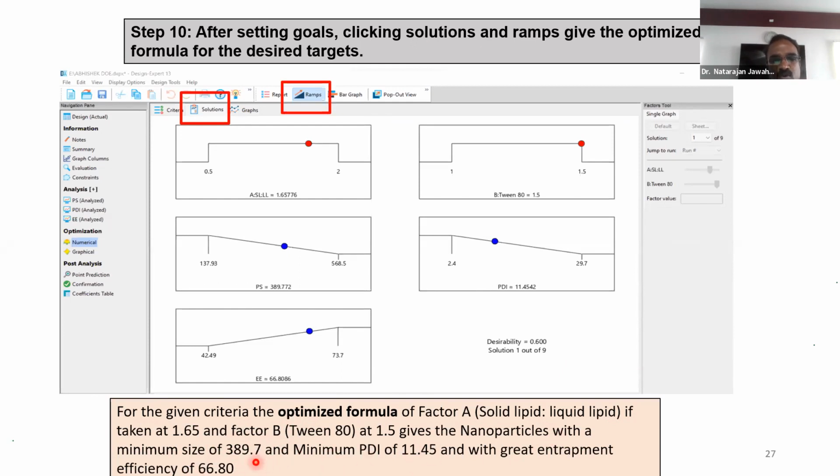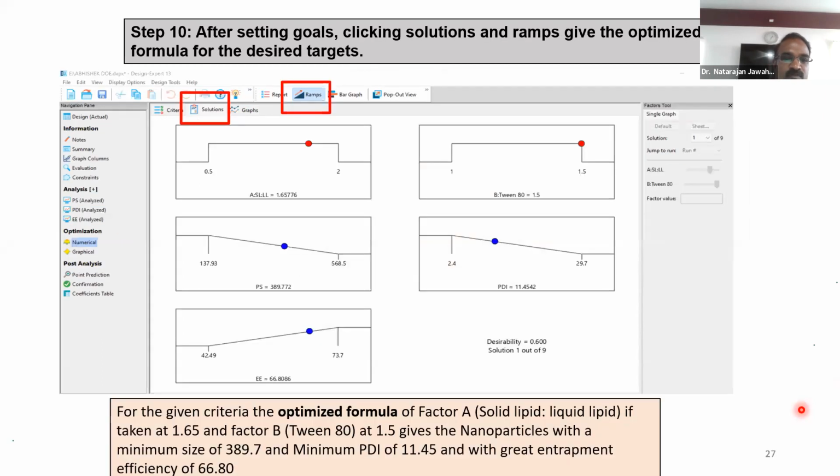If you are okay with this, you can go ahead with the experiment and compare the observed value with your predicted value. If both values are close, then your design is validated. Hope you understand. With this I'm concluding.